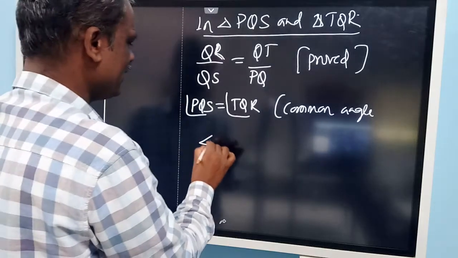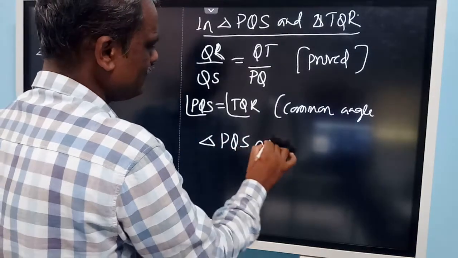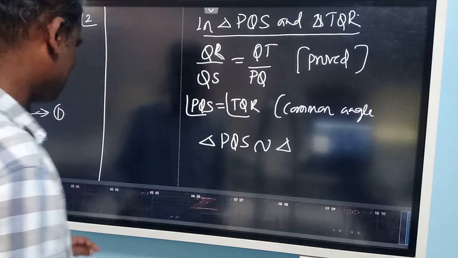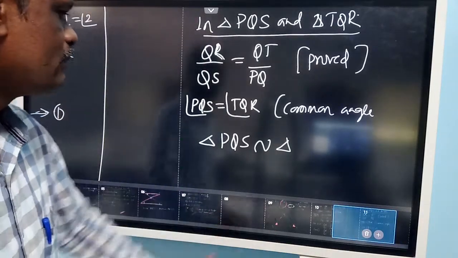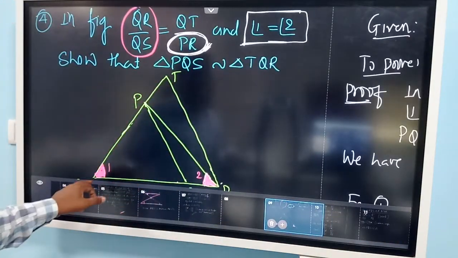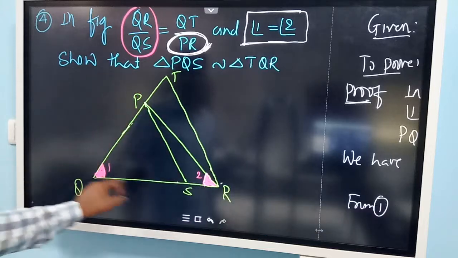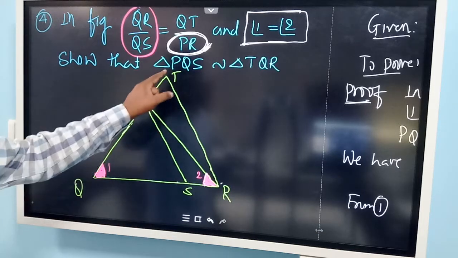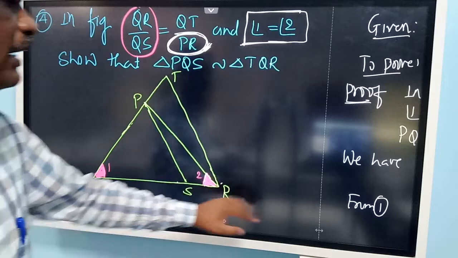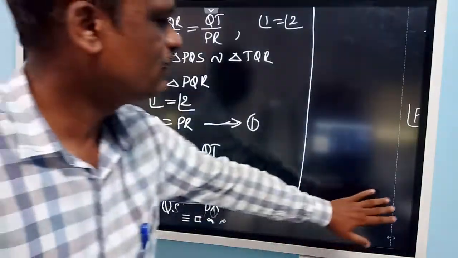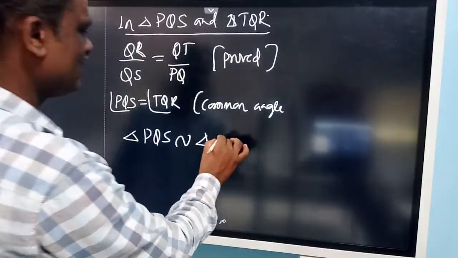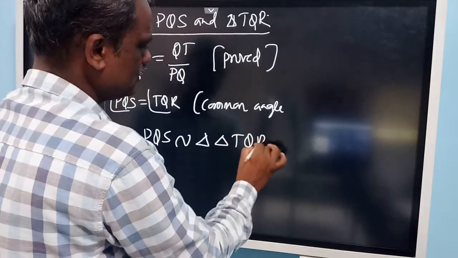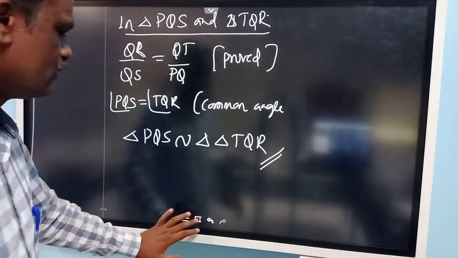Therefore I can write triangle PQS is similar to triangle TQR, with corresponding sides. So this is what we wanted to prove here.